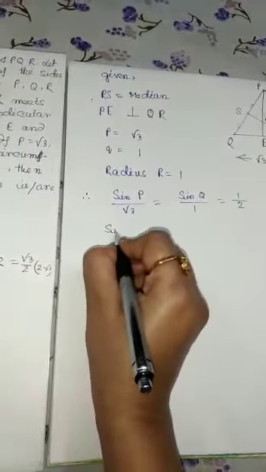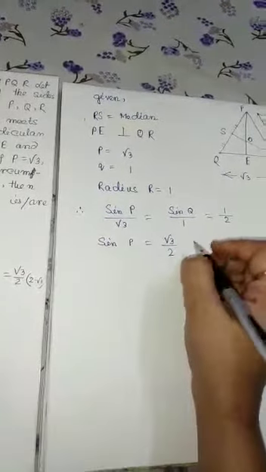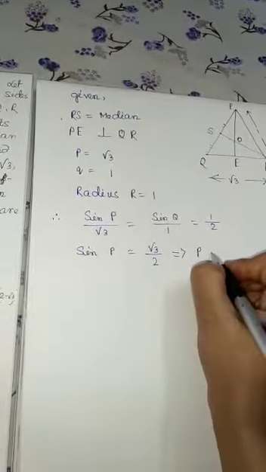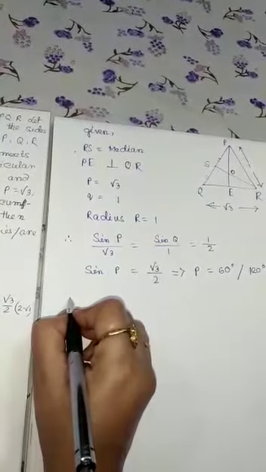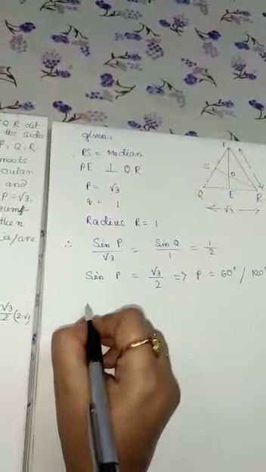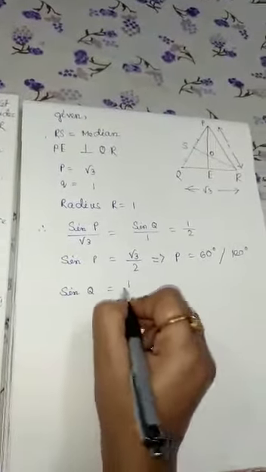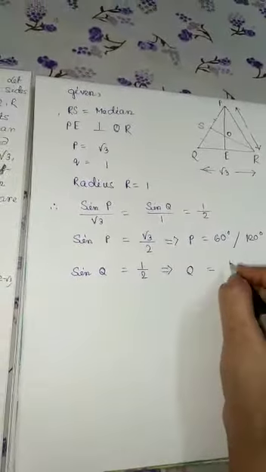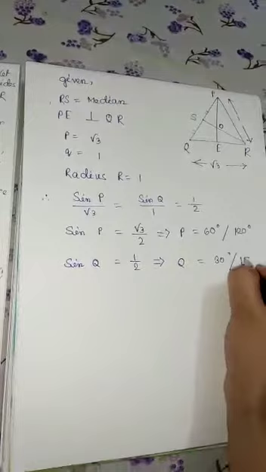Therefore, sine of P is equal to root 3 by 2, which implies P is either 60 degrees or 120 degrees. Sine of Q is equal to 1 by 2, that implies Q is either 30 degrees or 150 degrees.